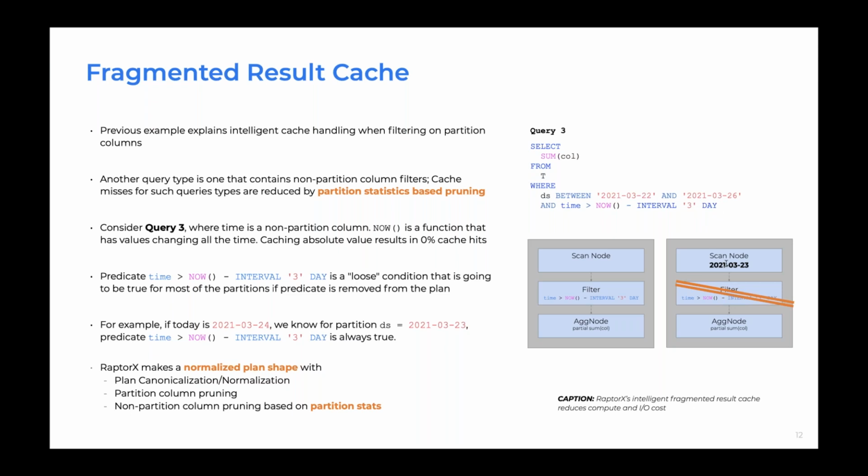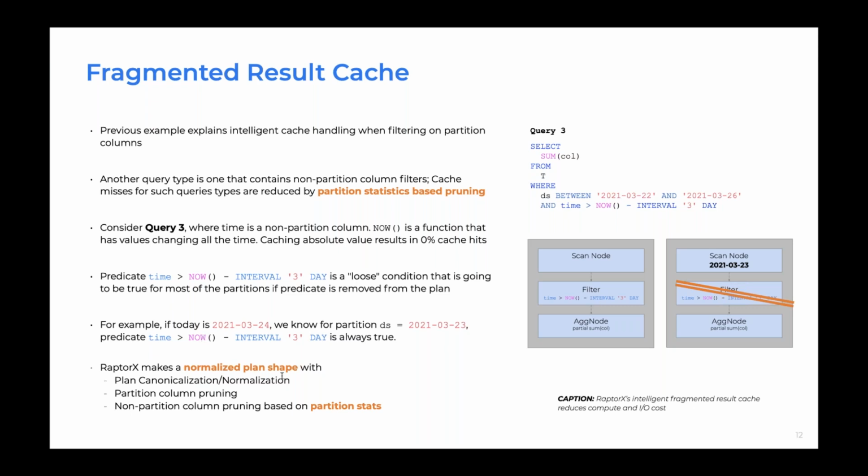So there is technically no need to apply this filter when we are processing DS equal to 23. That's how we prune: we remove these filter conditions and try to make our query plan static to get a better cache rate for such combinations. In this particular case, only for today's date are we keeping this filter. For the rest of the days, we get rid of this filter and allow the fragment result cache to get a better hit.